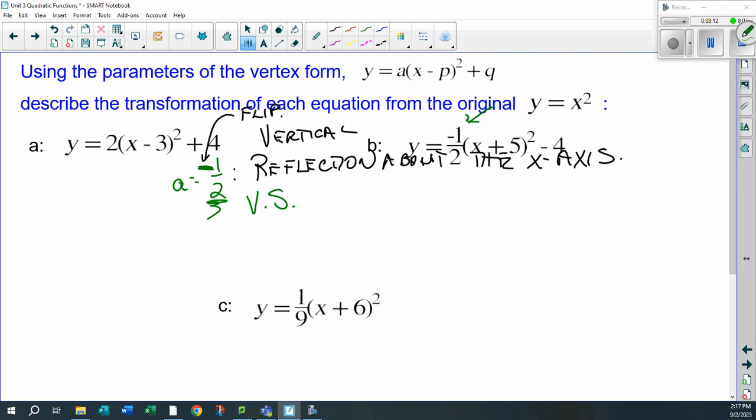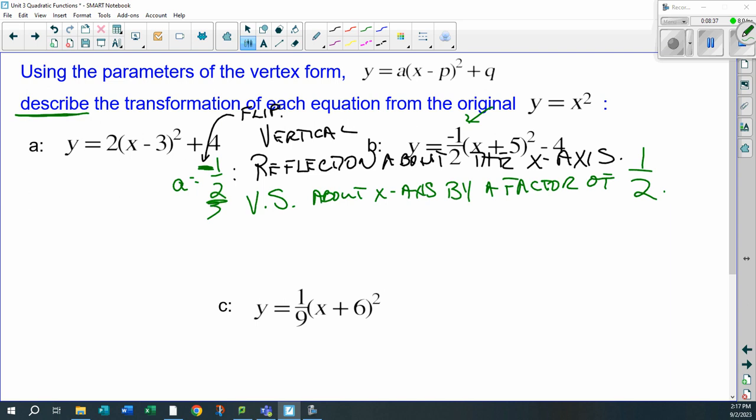I'm going to start using some nice little abbreviations here so I don't have to write it all out again. But VS stands for vertical stretch about the x-axis again by a factor of 1/2. Oh my goodness, look at all the words that we use to describe.